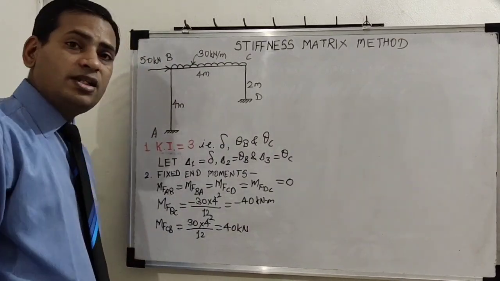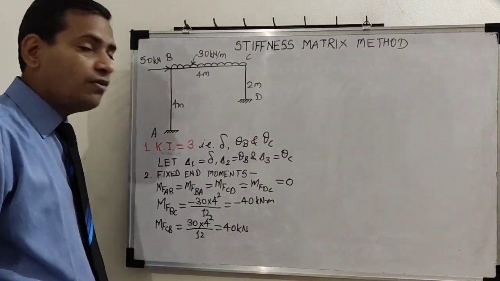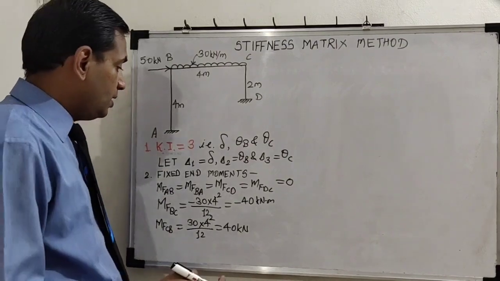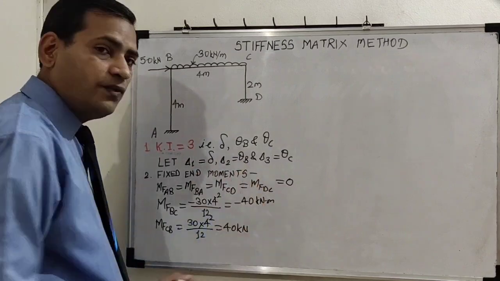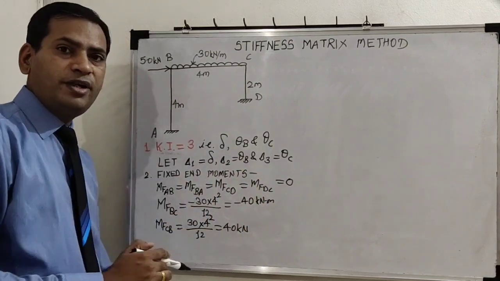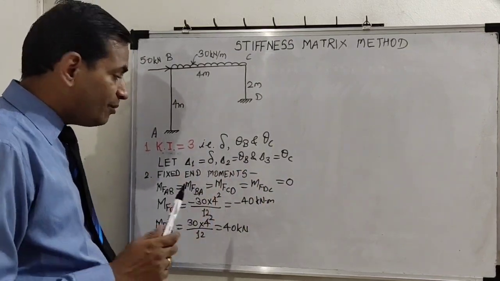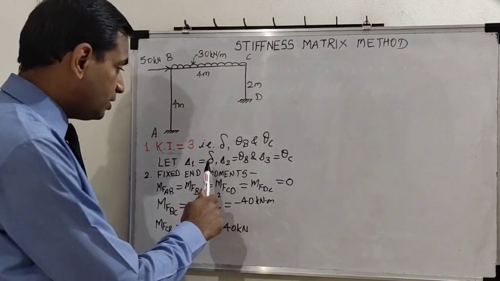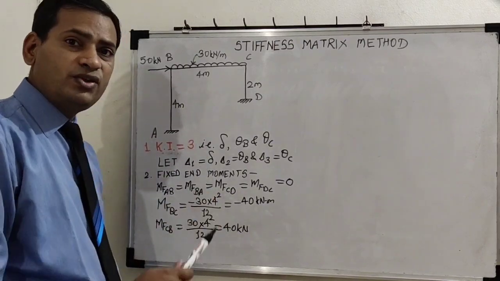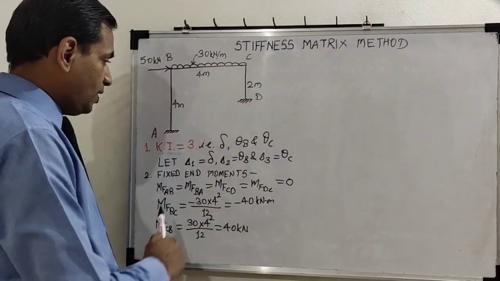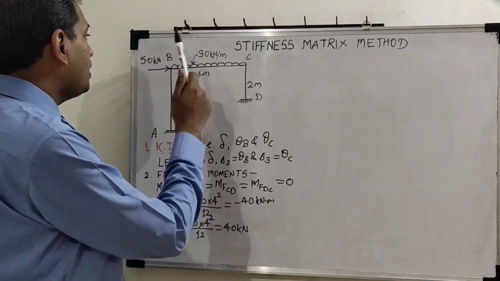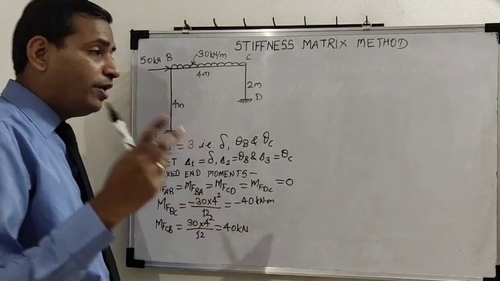Now the next step would be summation of fixed end moments, but carefully see which is our first unknown, linear displacement. So instead of summation of fixed end moments, we will first have to carry out summation of horizontal reactions, where on B and C we are saying delta, it is occurring at 2 places.